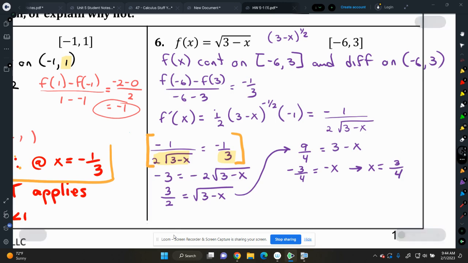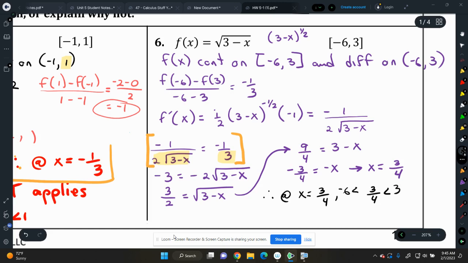So we have continuous, differentiable, and we just found the c value, right? So we're going to say, therefore, at x equals 3/4, and by the way, 3/4 is between 3 and negative 6.